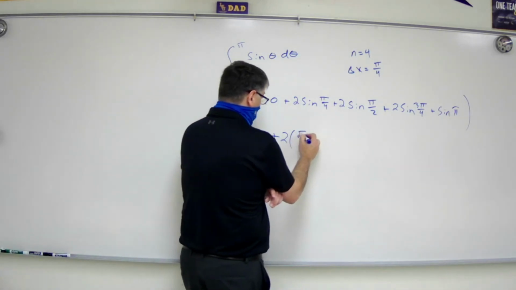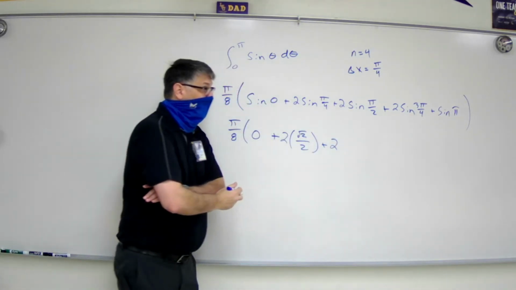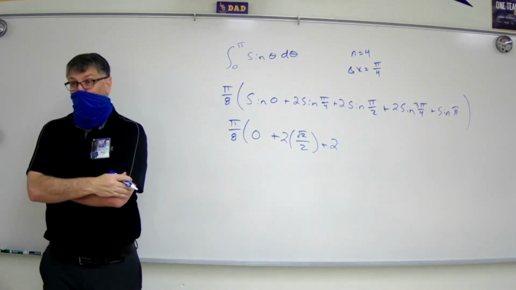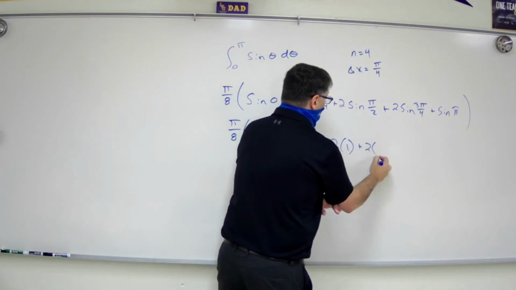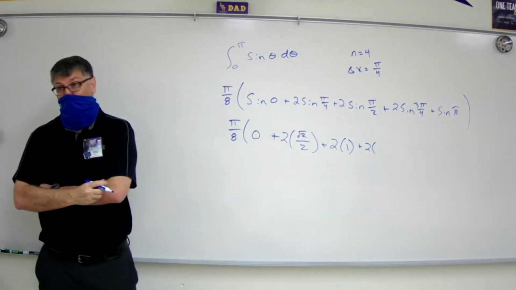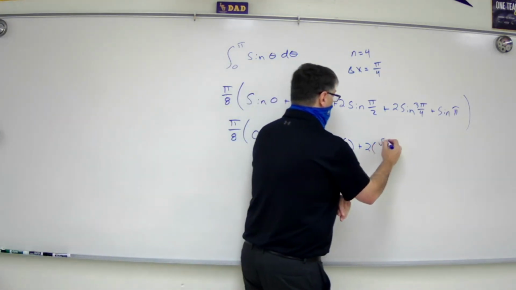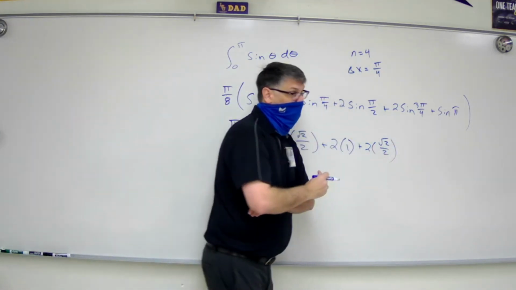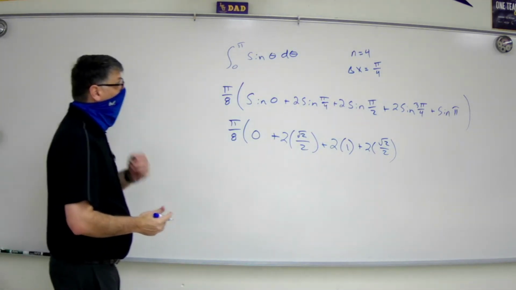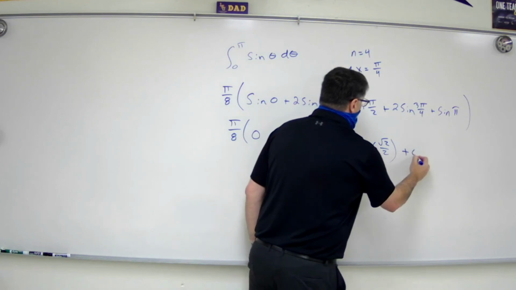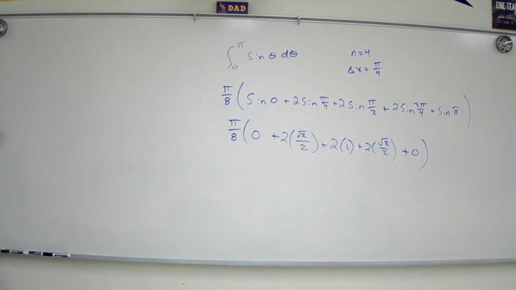Thank you, Philip. 2. What is sine of pi over 2? 1. What is sine of 3 pi over 4? Square root of 2 over 2. It's the y value, so it's still positive even though we're in quadrant 2, because the y is above. What is sine of pi? Same thing. It's going to give you the same value.